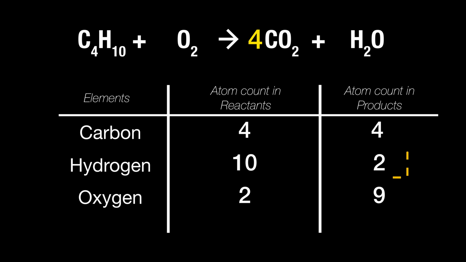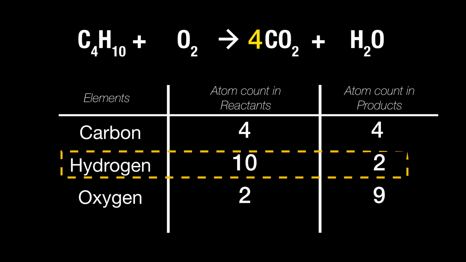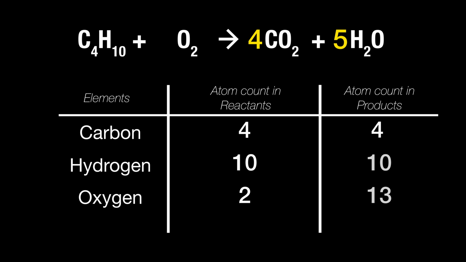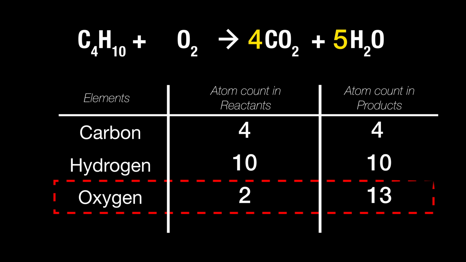And then the hydrogens with 5 molecules of water. That's everything done except for oxygen, which is now a long way out. Checking the products, we have 8 oxygen atoms in the CO2 and 5 in the H2O. Okay, that gives us 13 in total.